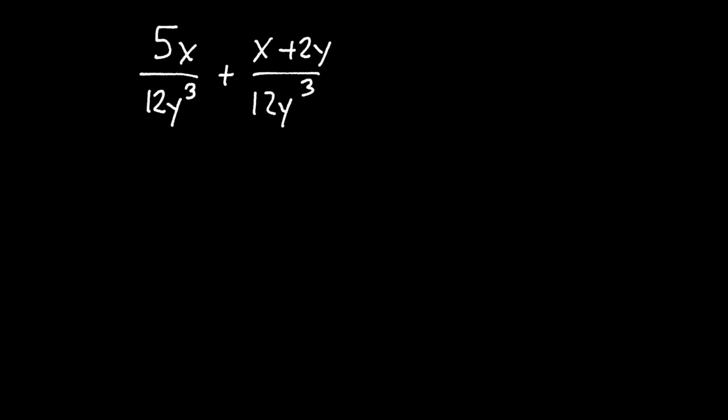Let's say we have the rational expression 5x over 12y cubed plus the rational expression x plus 2y over 12y cubed. Now just like if we were adding fractions, we need to have a common denominator, and we currently have them, so we can add these as follows. Add the tops together, keep the bottoms the same. So when we add these two rational expressions together, the denominator is going to stay 12y to the third.